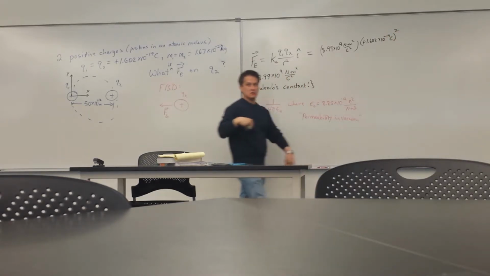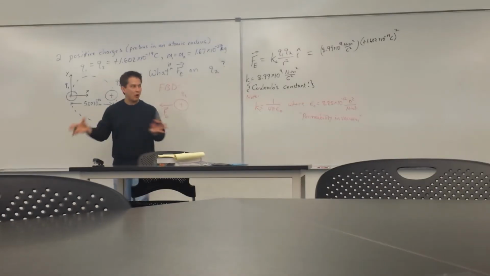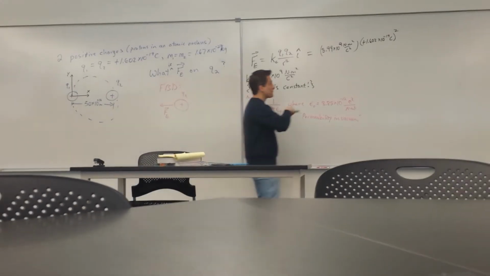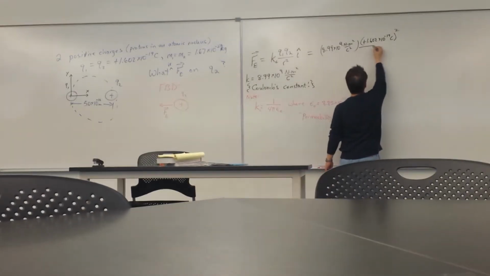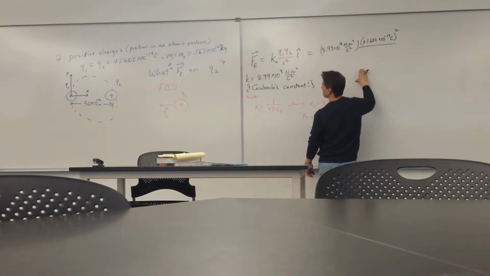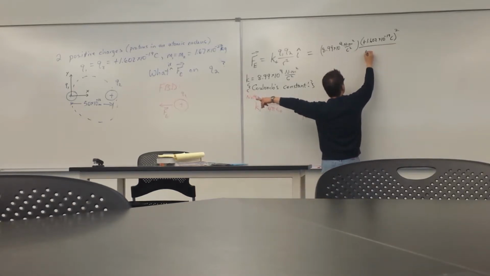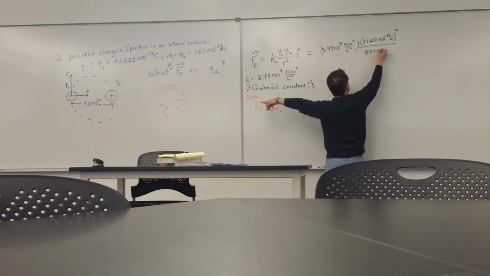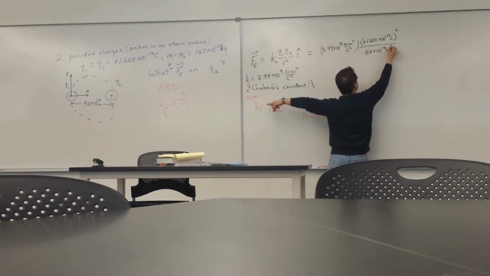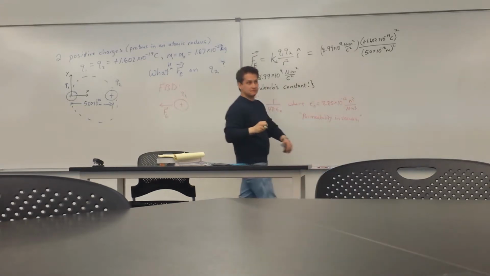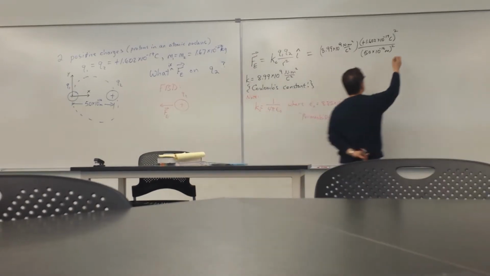I'm just not going to write out all of it, but it's both of them. And then I'm going to divide this whole thing by the distance of separation, which is 5 times 10 to the negative 16th meters. And I'm going to have to square that quantity. And again, it's in the i direction.